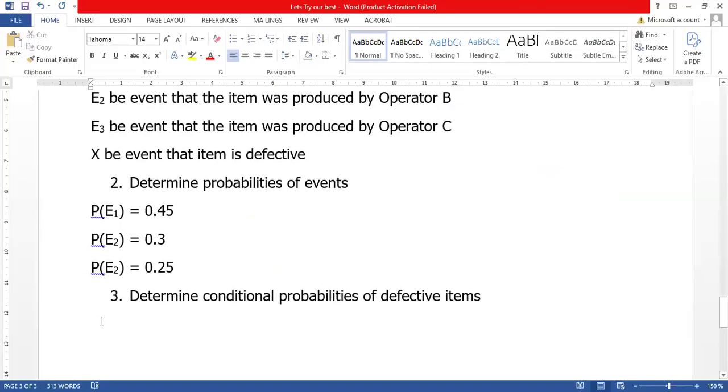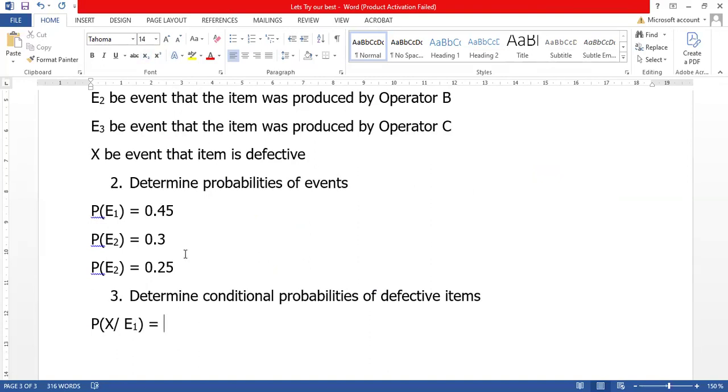So from this, our conditional probabilities will be the probability of X, the defective item, given that it was produced by the first operator. And what is that probability?